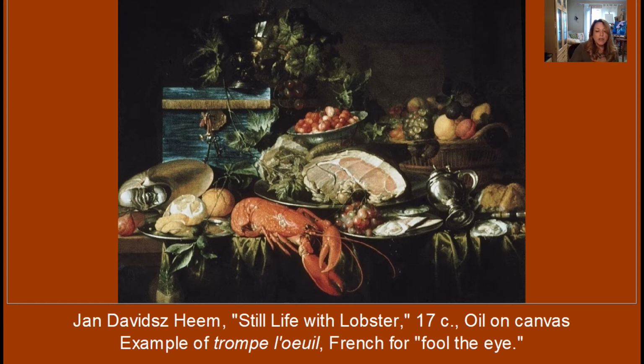So oil on canvas, an example of trompe l'oeil, which is French for fools the eye. It looks so realistic, you almost think you can just reach out and touch it and take it away. Now, if you look here, everything looks a little bit past the sell date. You have things that look like, oh, I don't think I want to eat that. That's been sitting out on that buffet a little too long.